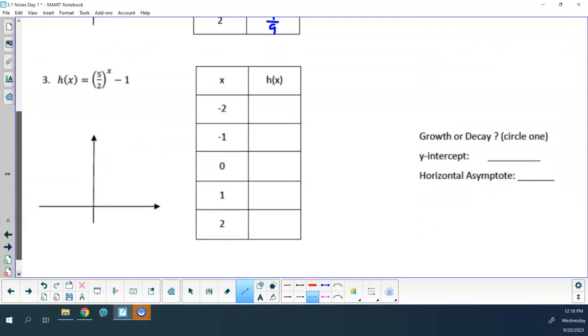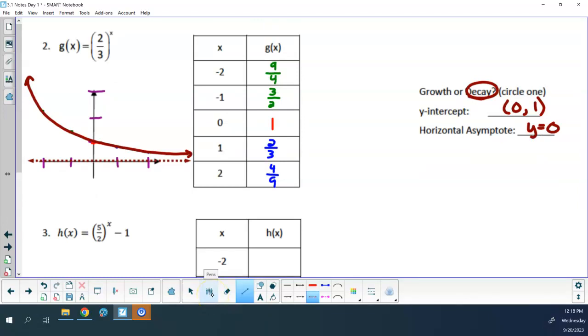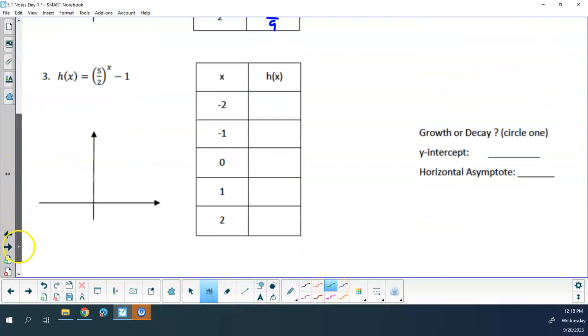So if I plug in -2, then that's going to be 4/25. I have to square and flip that. -1, I'm going to write 1 though as 25/25.